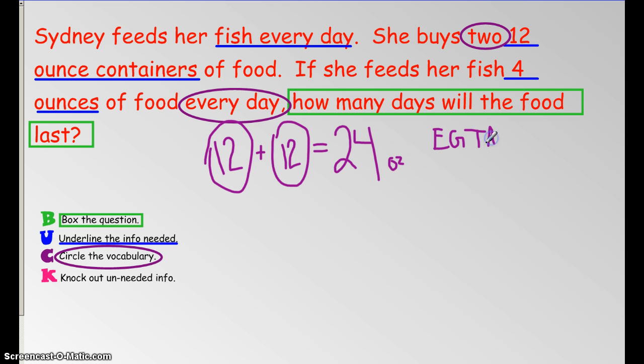And we all know that when I do equal groups take apart, that's dividing. 24 divided by 4, and I know my facts, so I know the quotient is 6. So how many days will the food last? The food will last 6 days.